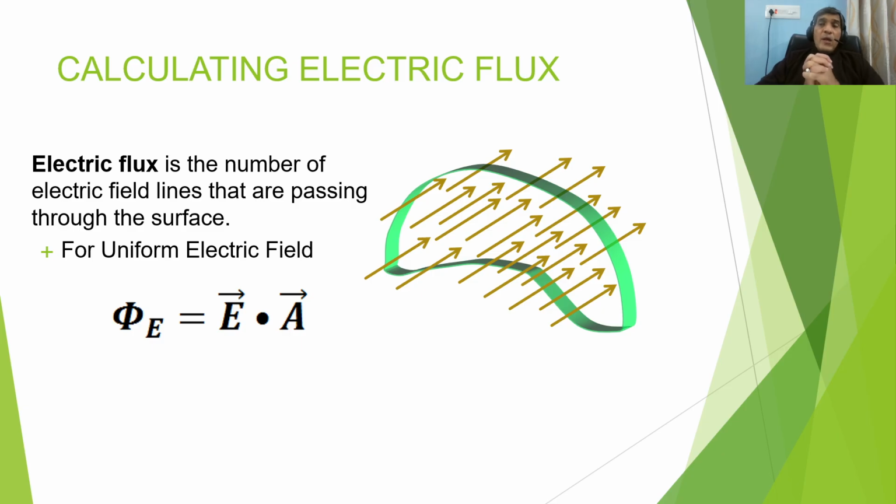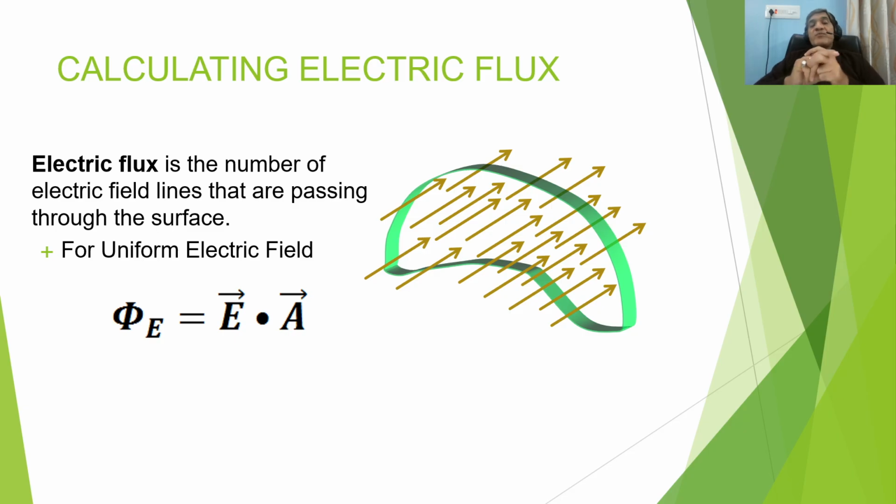Why is the answer zero? Because these two charges counter the effect of each other, and we have a net charge equal to zero, because we have a plus q charge and an equal magnitude minus q charge, and when we add up these two charges the result comes out to be zero.